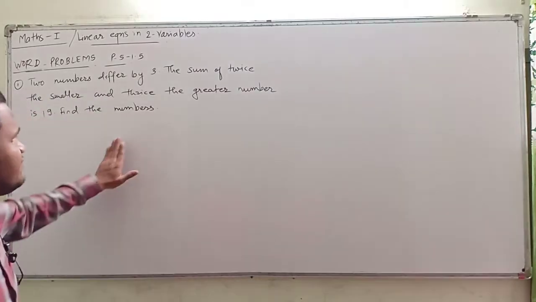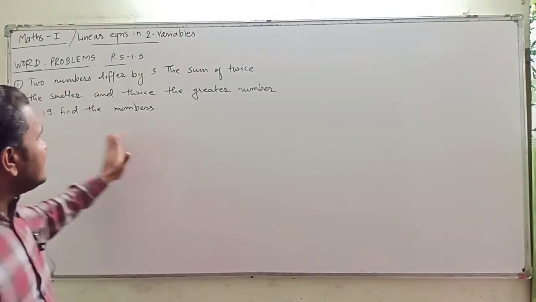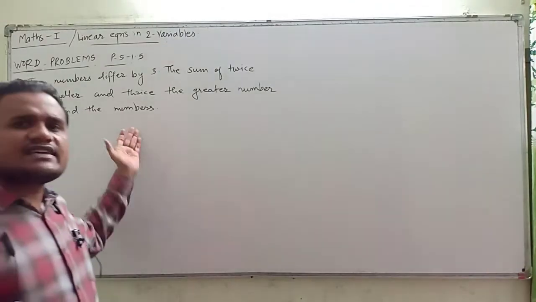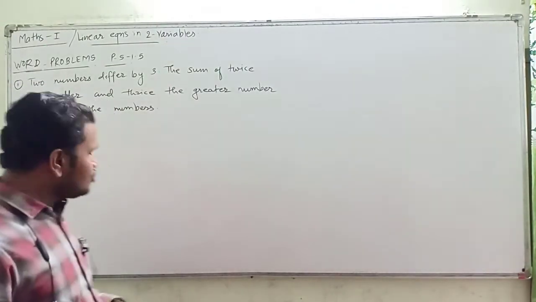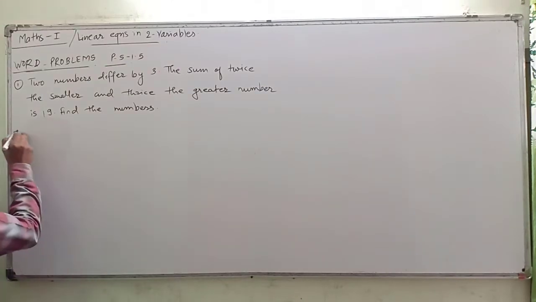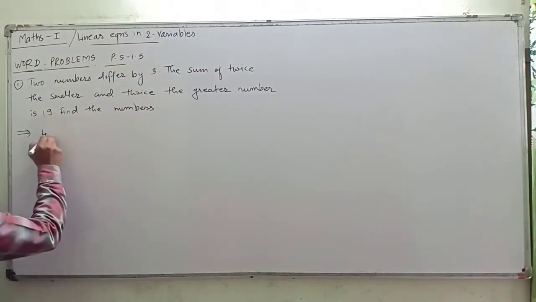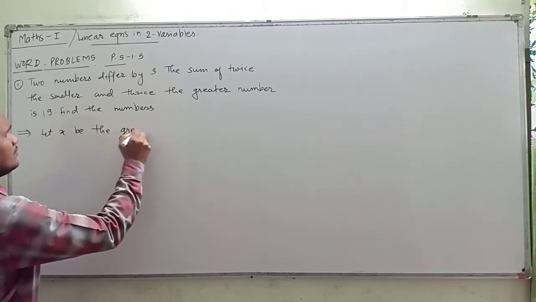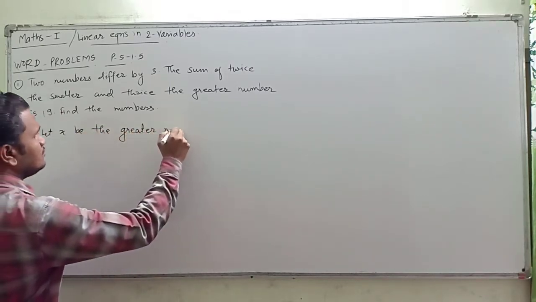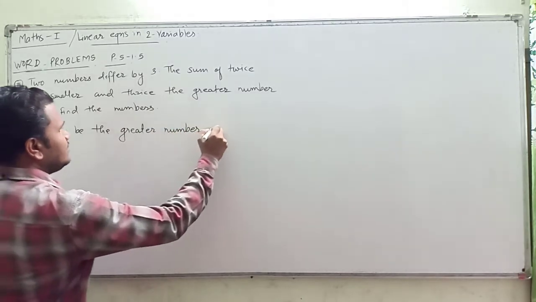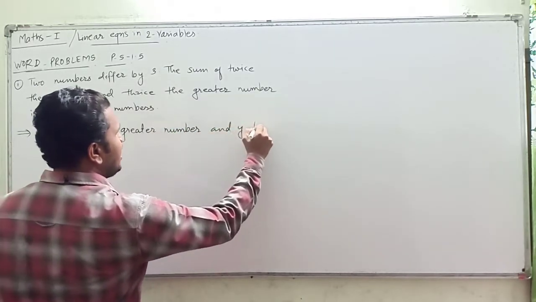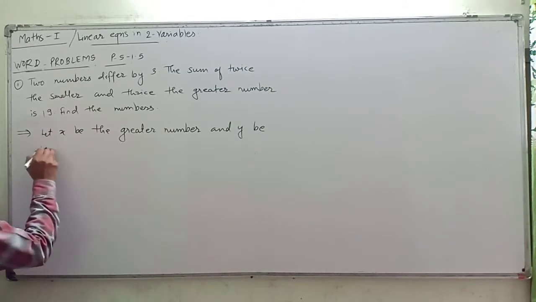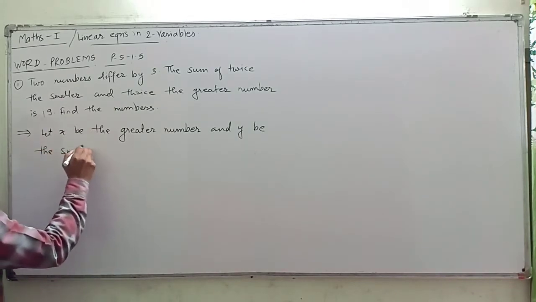Now, as far as this question is concerned, both the quantities are numbers. So we will begin our solution by saying that let x be the greater number and y be the smaller number.